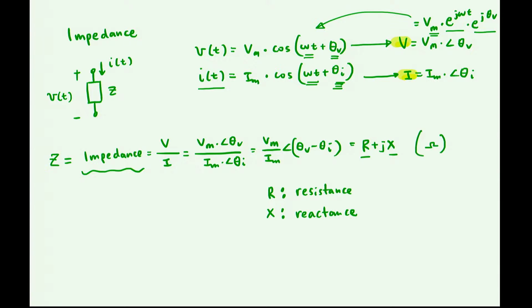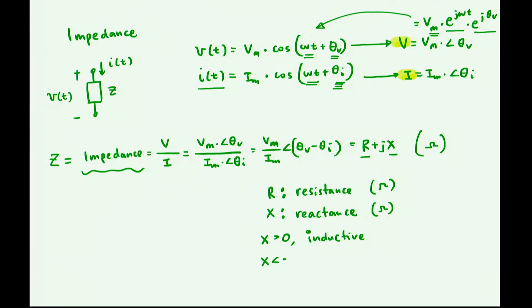好，所以 R 跟 X 的单位都一样，是欧姆。好，when X is greater than 0, then it is an inductive impedance.